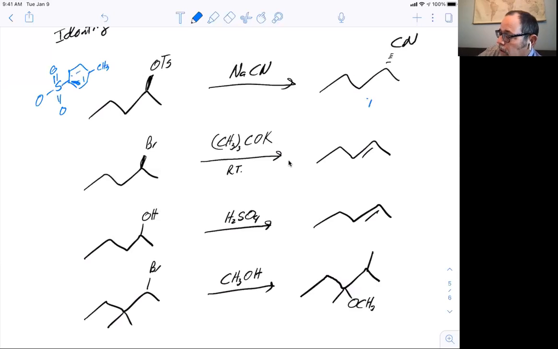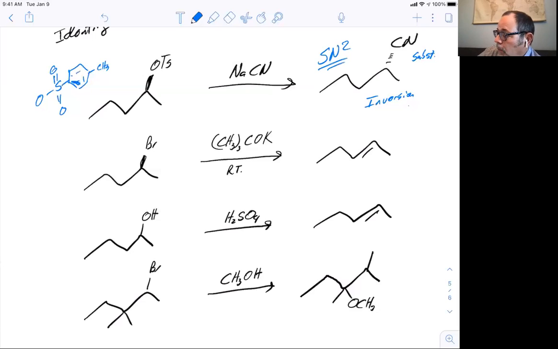And we see inversion. Well, first, it is a substitution, right? So first thing to say is we're substituting, not eliminating. And we see inversion, and an inversion tells us that this is SN2, right? So the stereochemistry is pointing to the direction on this one.